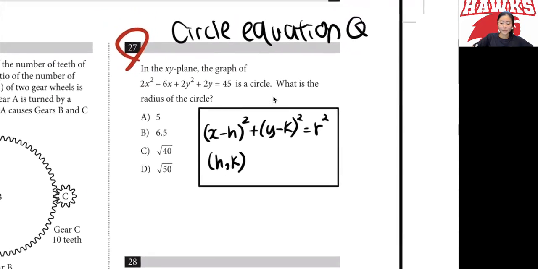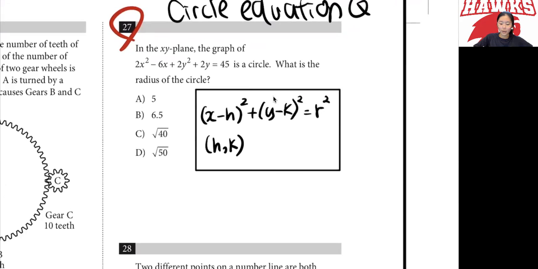So first of all, usually it's better if you don't have coefficients more than one on the squared terms, meaning these 2, 6, 2 are kind of in the way. So we're going to divide the whole thing by 2. Dividing the whole thing by 2, it's going to be x squared minus 3x plus y squared plus y.